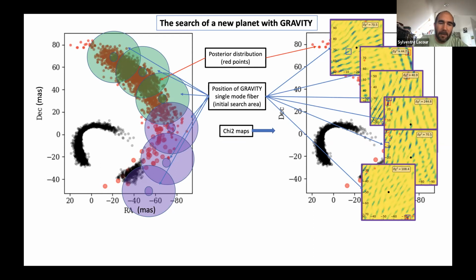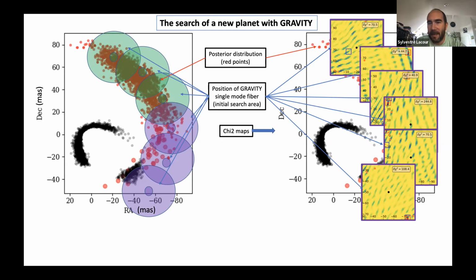So we covered this red part because that was the more massive planet where we could hope to detect something. So we are looking where we could actually look. And you see that for each one of these observations, we had a chi-square map.